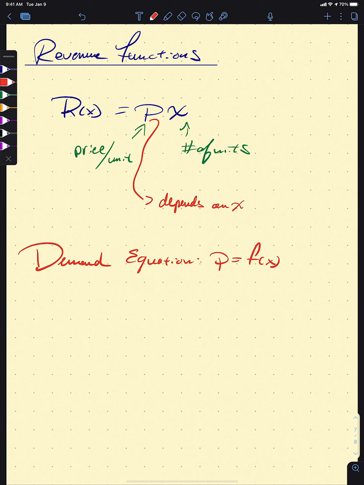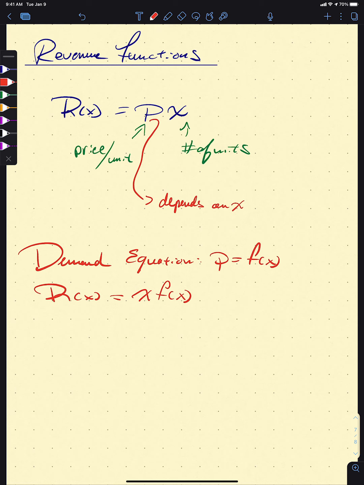P is some function of X. Thus our revenue function becomes X times our demand function, where f of x tells us the price with a given amount demanded, and then you multiply that by the number demanded, and that gives you the amount of revenue.